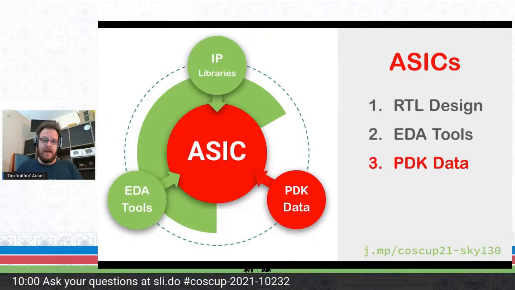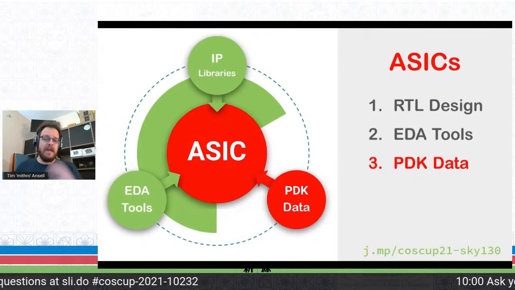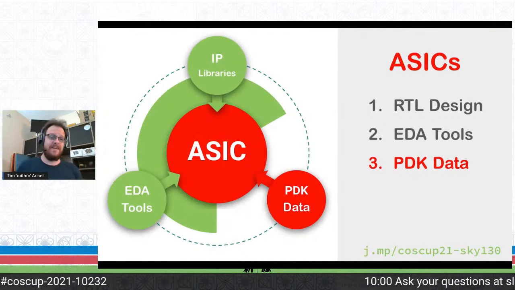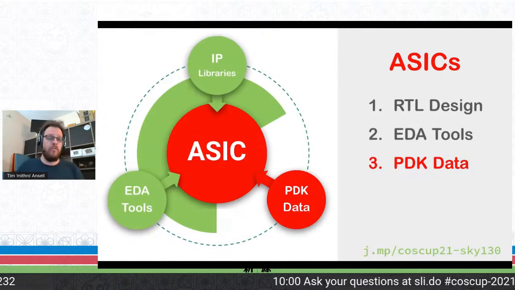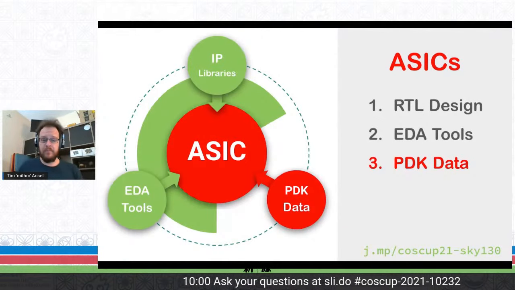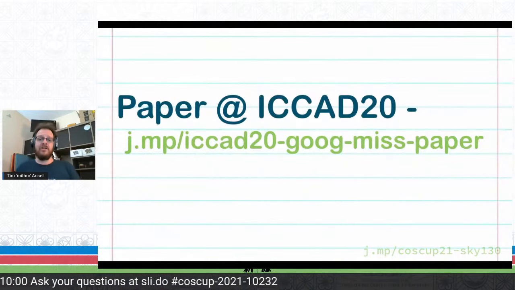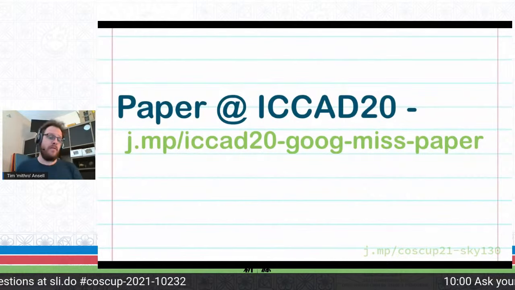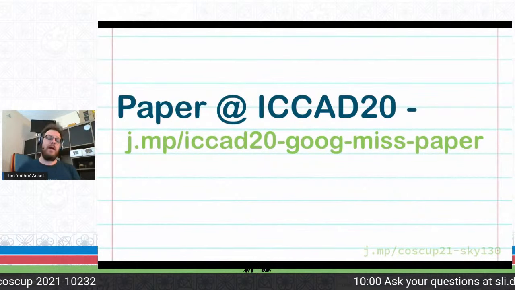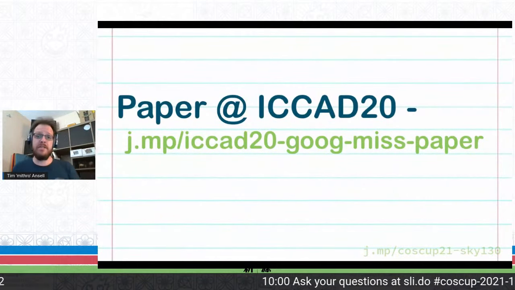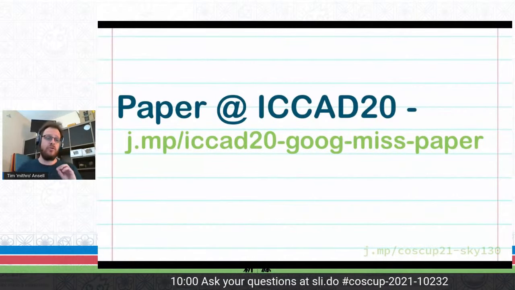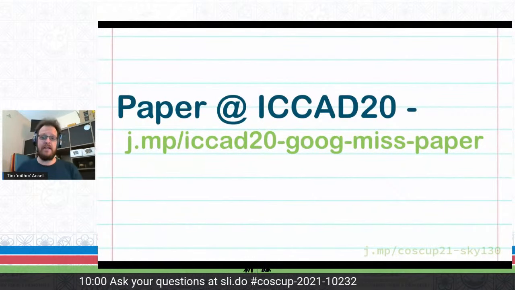And this kind of set off this idea that to make fully open source ASICs, you need a fully open source PDK. I investigated this space a lot more and actually ended up writing a paper for ICCAD 20 about what I identified as the missing pieces needed to make fully open source ASICs.